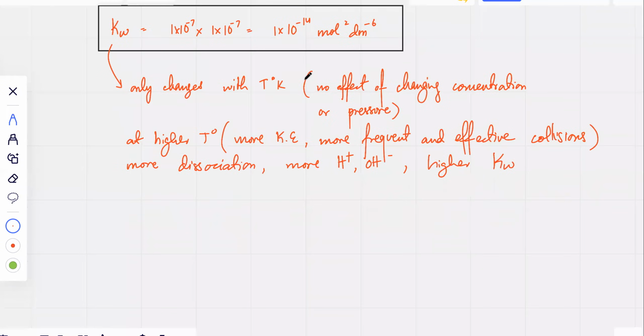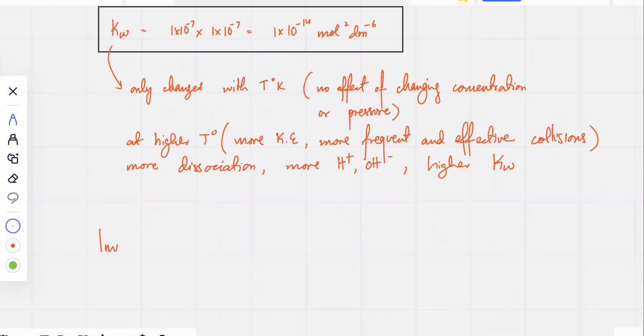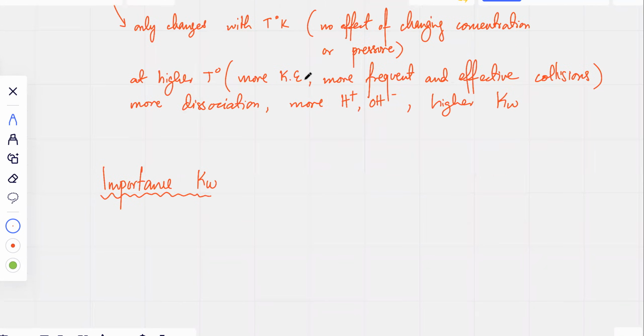The reason Kw is so important is that water is important. Water is one of the most important chemicals on planet Earth. 70% of the Earth's surface is water.